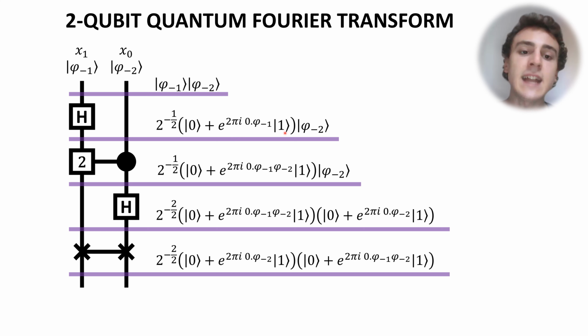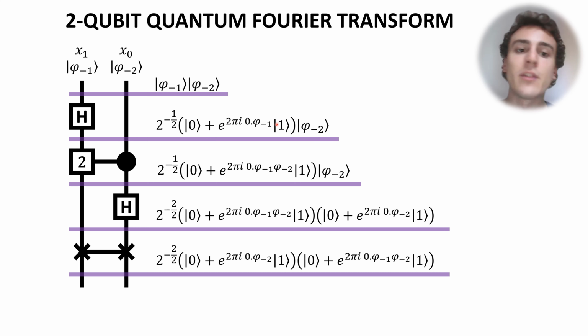Let's have a look at the next snapshot, which shows us the quantum state after we apply a Hadamard gate to the qubit on the left. And that qubit is labeled by x sub 1. So we can call this qubit 1. So the Hadamard gate acts on this initial state of qubit 1, and it produces this superposition.